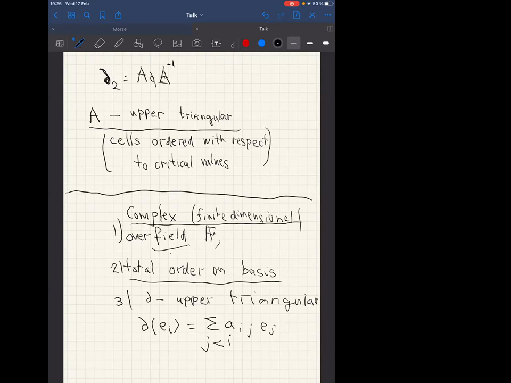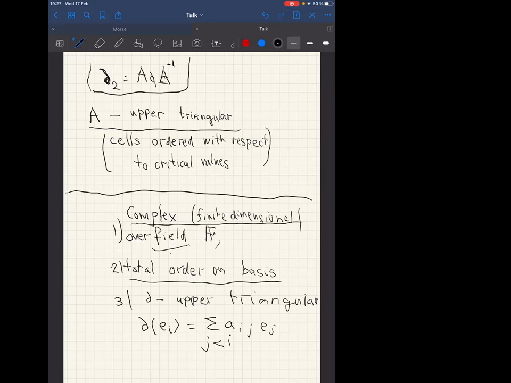And on each step, we take a cell approximation to get a cell complex. And we can take another cell approximation, and the resulting differential will be conjugate by an upper triangular matrix A.